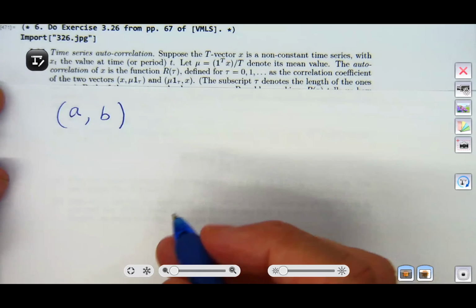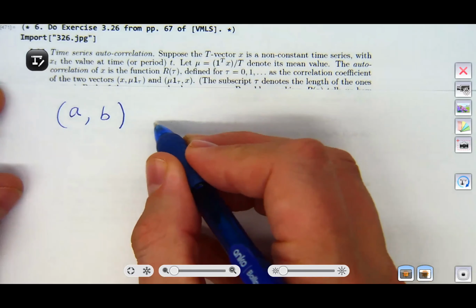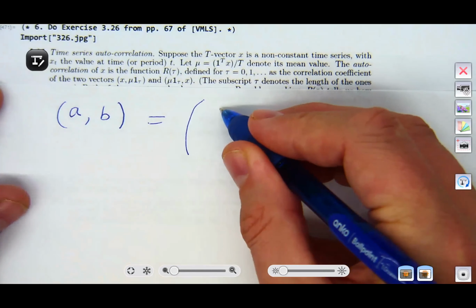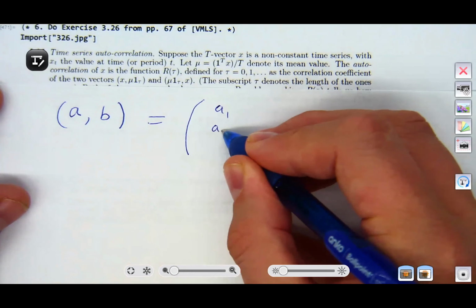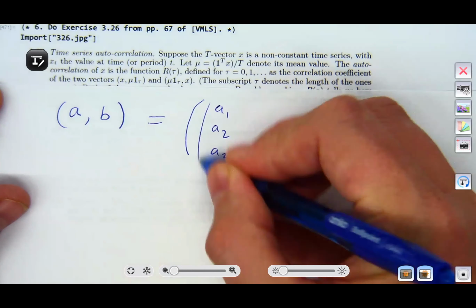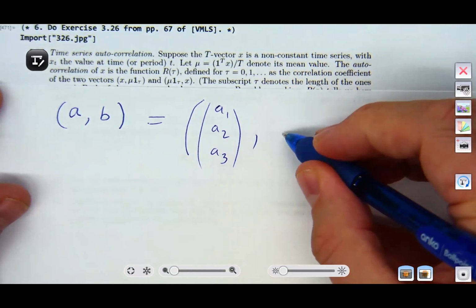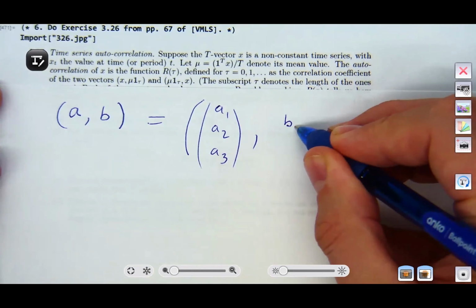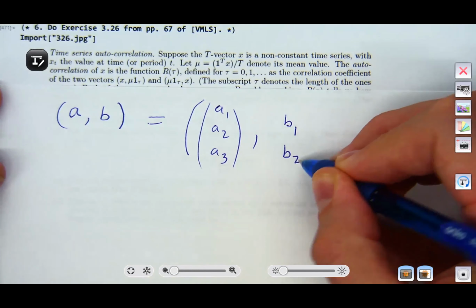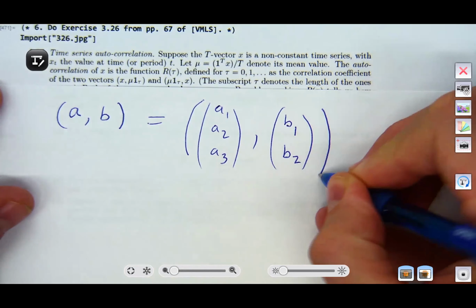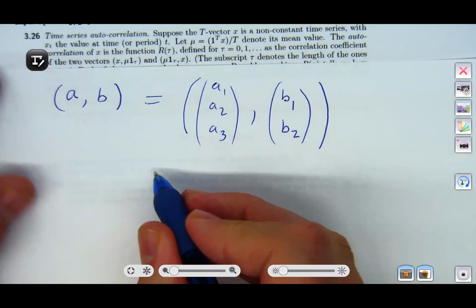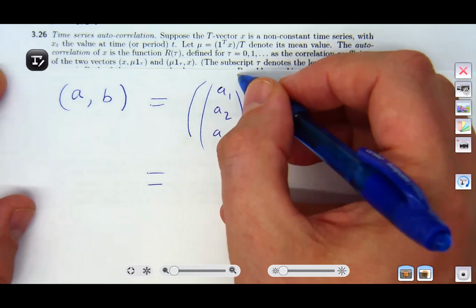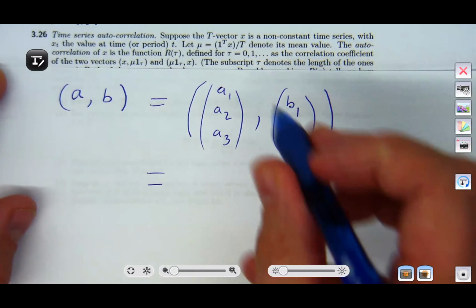Instead, if A is, say, A1, A2, A3, and let's imagine that the vector B only has two entries, B1 and B2, this means basically glue these two together, starting with this one.